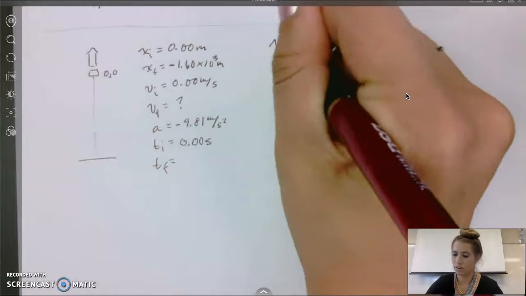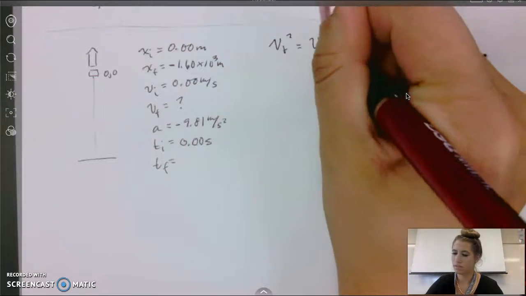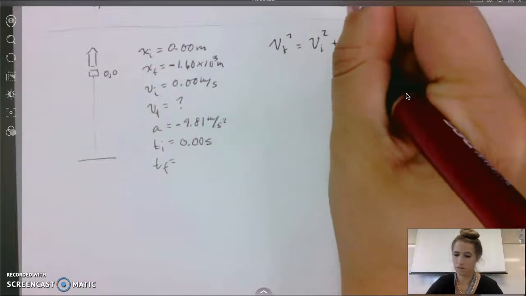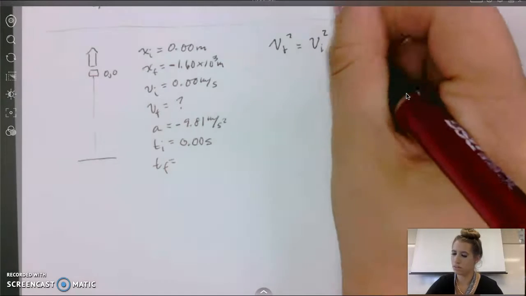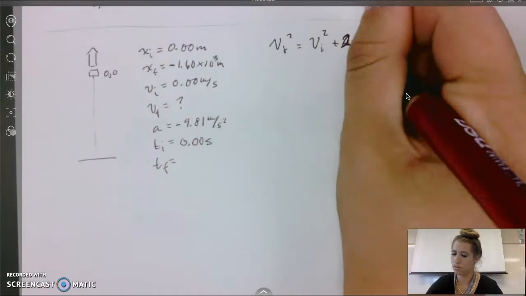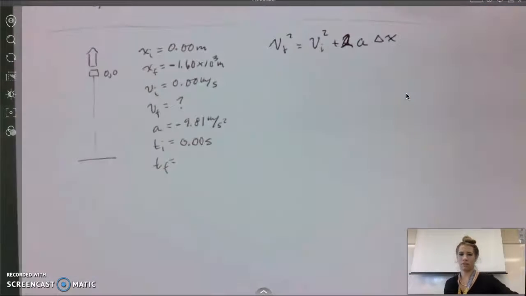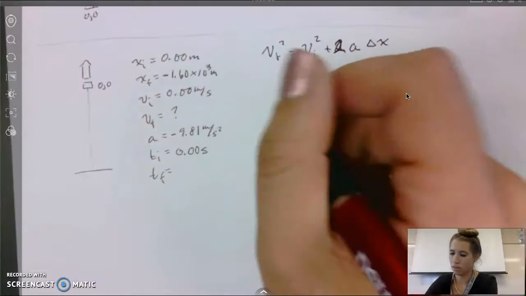Velocity final squared equals velocity initial squared plus 2 times acceleration times delta x. So I'm going to write that one more time.